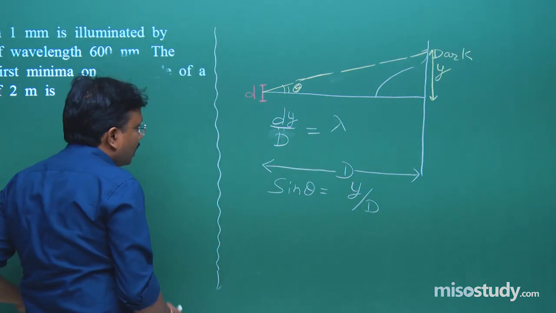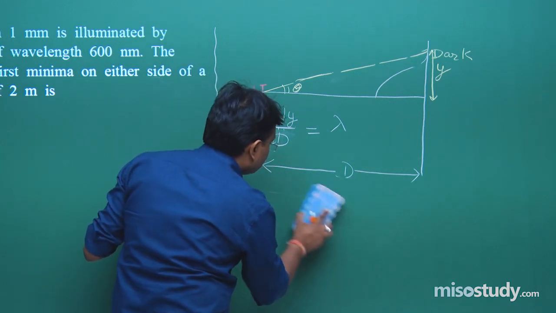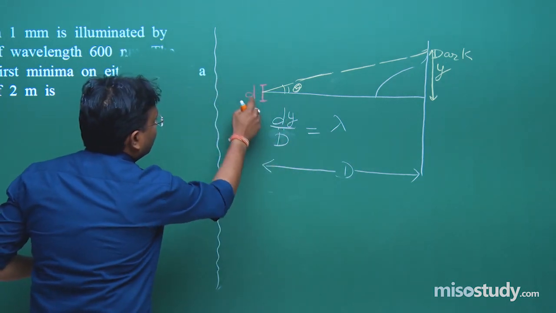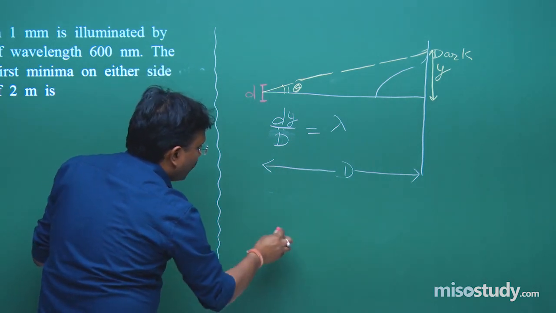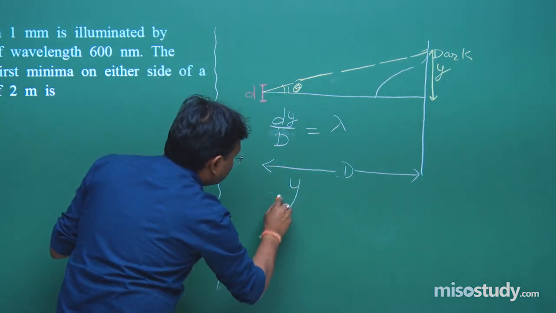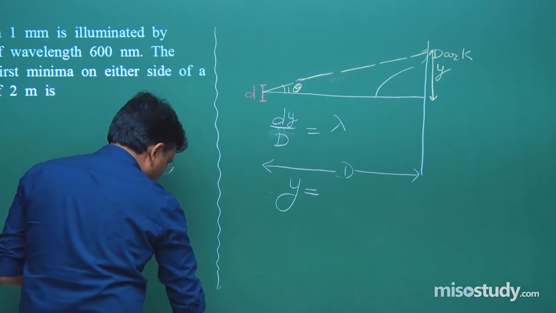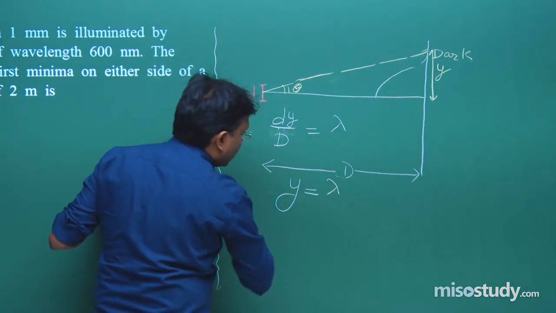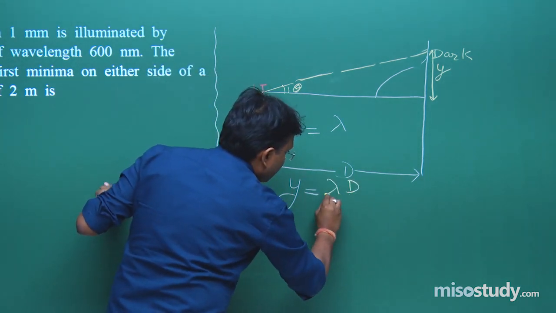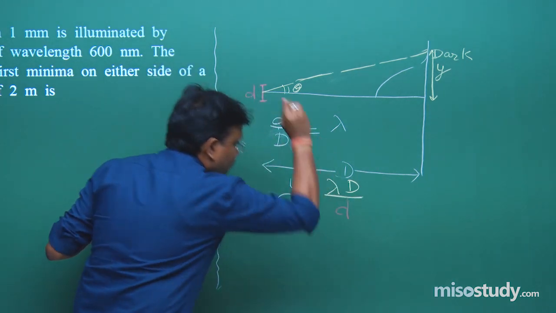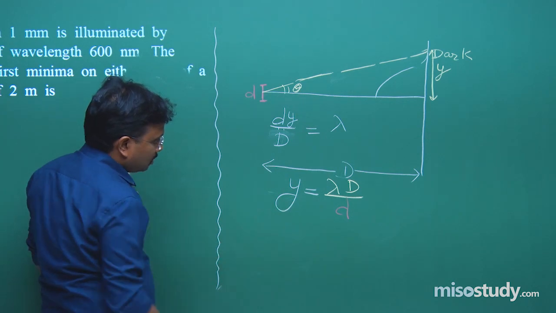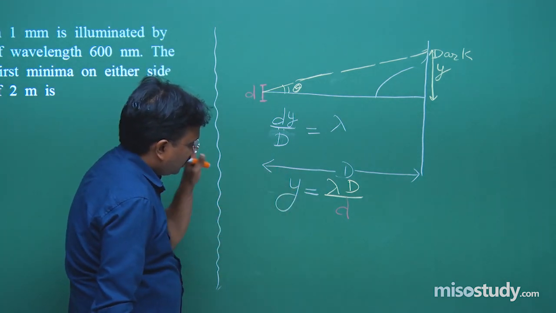So, I can write it this way. This is d, red color d, fine. So, y is equal to lambda D by red color small d. I hope now these three colors, the equation is clear.